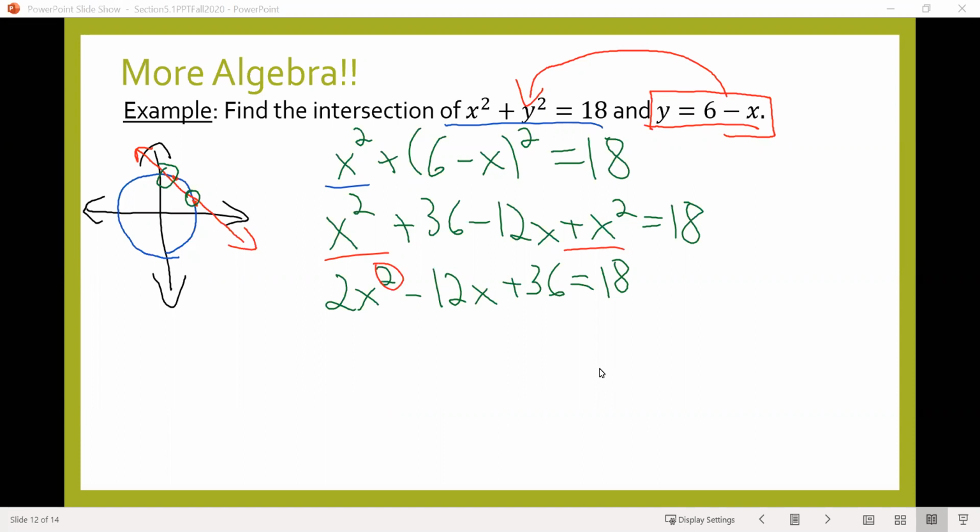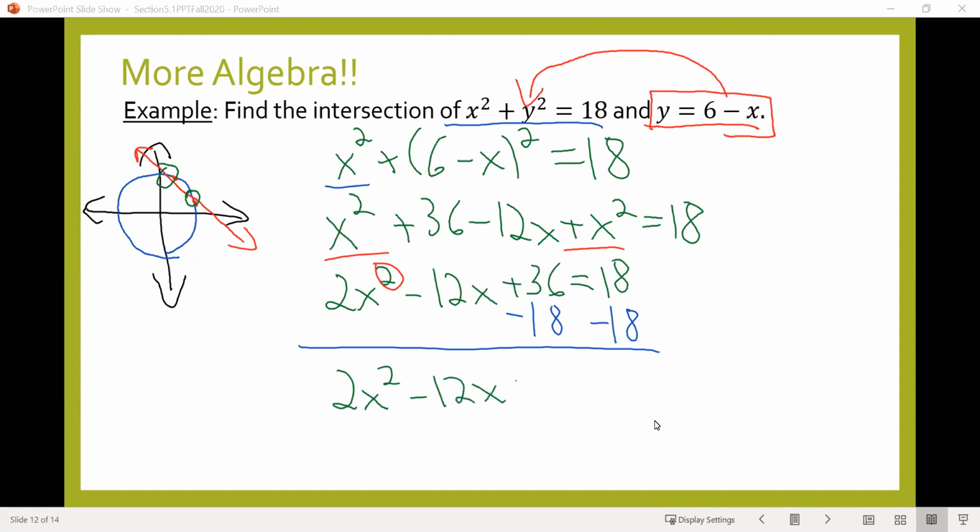So when we're solving quadratics, we need to make them equal to 0. In order to do that, I'm going to move the 18 over to the left-hand side by subtracting 18 from both sides. This becomes 2x squared minus 12x plus 18 equals 0.